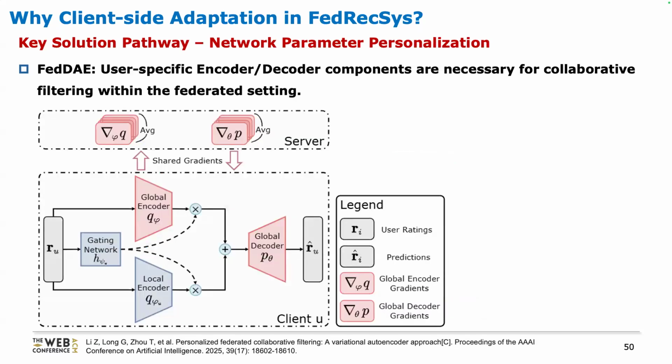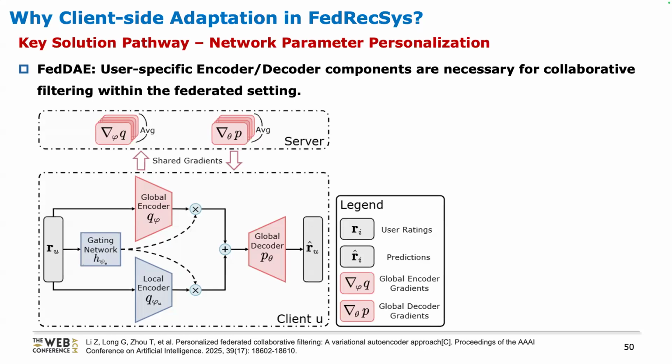Next comes FedDAE. It adds another layer of personalization by giving each user their own encoder and decoder inside an autoencoder setup. On the client, there is a global encoder and a local encoder whose outputs are mixed by a small gating network that learns how much to trust each one for that user. These combined features go into a global decoder to reconstruct the user's ratings.